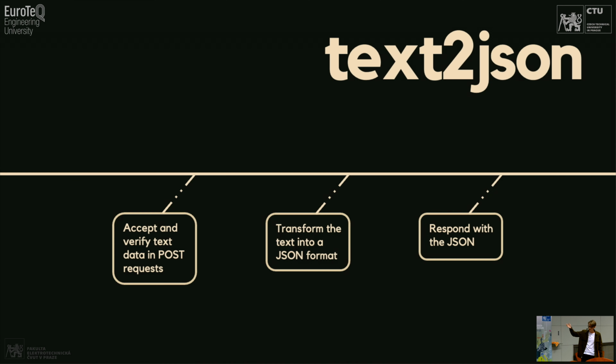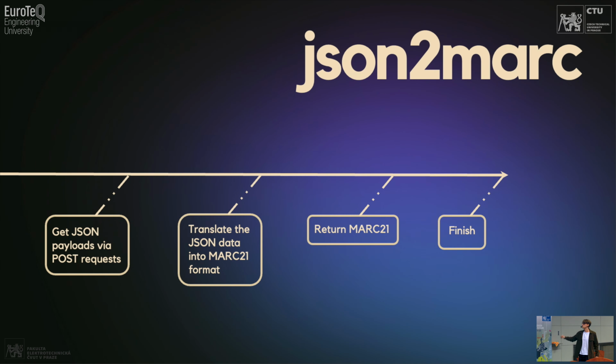It uses a POST request, processes the text using the GPT API, and transforms it into JSON format. This response is then sent to the third service, JSON to MARC, which validates and analyzes the JSON and returns the required MARC21 data format.